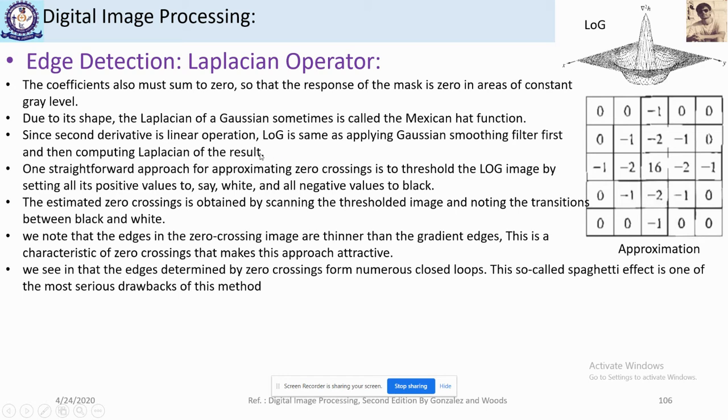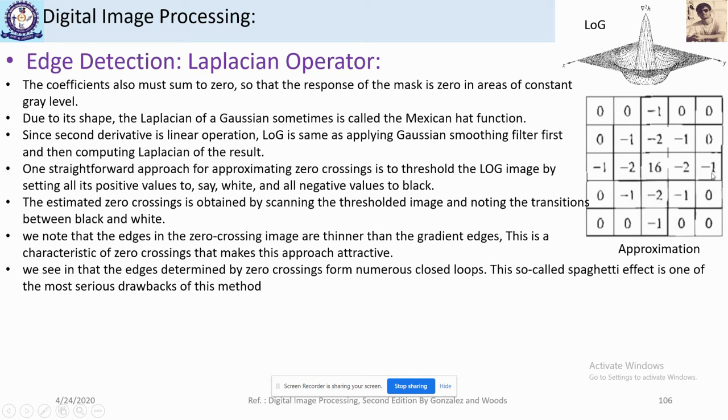Now let's read out some of the points about this. The coefficients also must sum to 0 so that the response of the mask is 0 in areas of constant gray level. That means if we look at the sum of the coefficients of this mask, it will be equal to 0. Why? Because this is 16 and the minus 2s will make minus 8, and we have eight minus 1s.